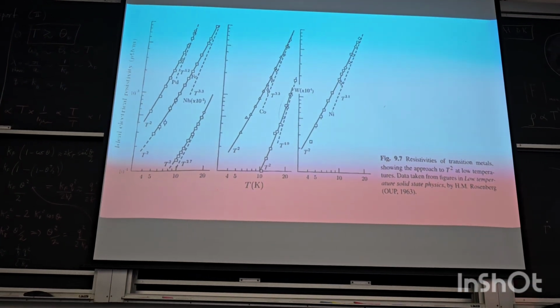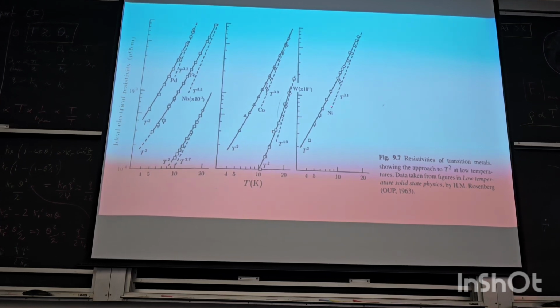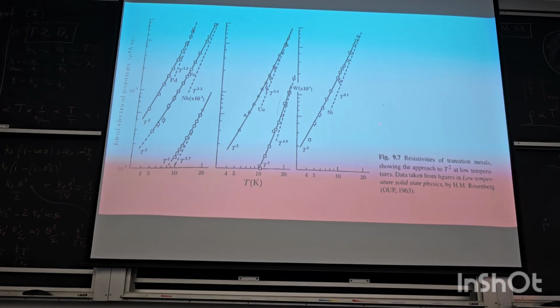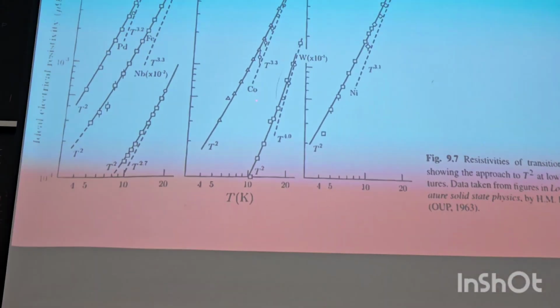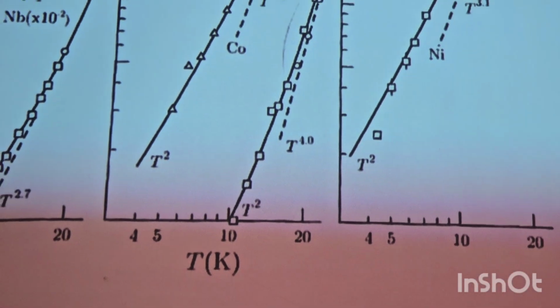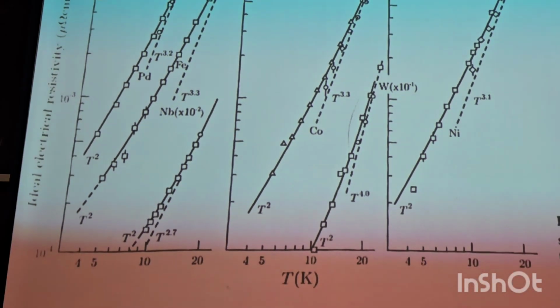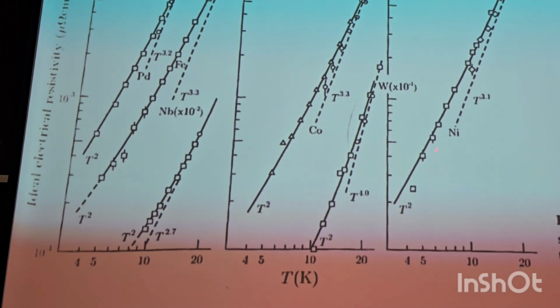Now these dashed lines are, so this is nickel, this is cobalt, this is niobium, palladium. So for these metals, let's look at this graph.